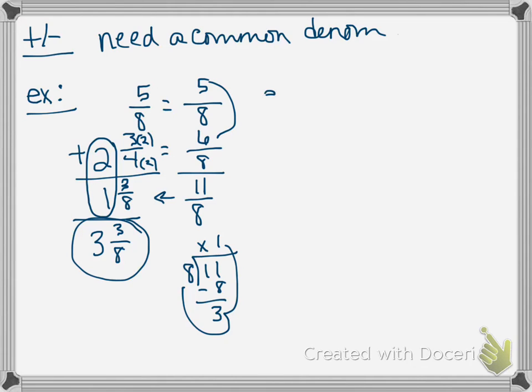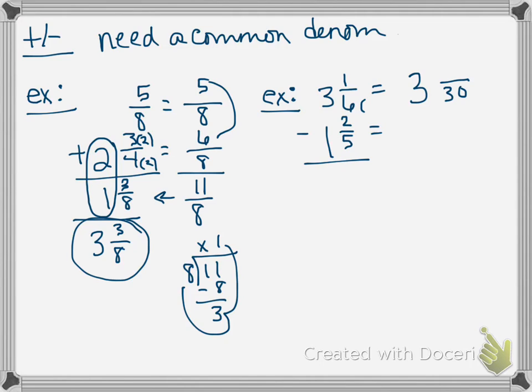If we're going to subtract, so for example, if I have 3 1/6 minus 1 2/5, again, I need a common denominator. So between 6 and 5, my common denominator is 30. So I'm going to write 3.